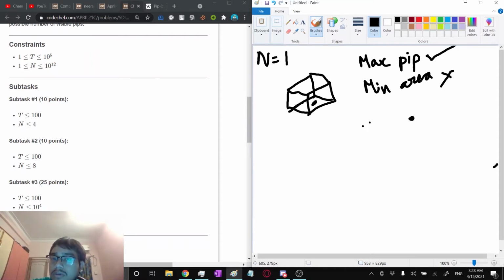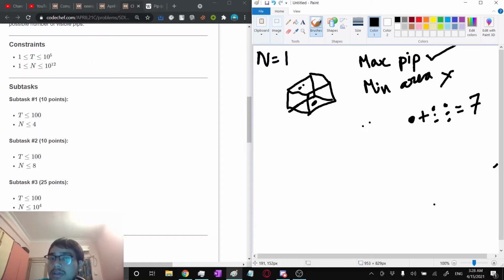And as we all know, the die follows a pattern. If one face has one pip, then its opposite surface will have 6 pips, so that the sum is 7.